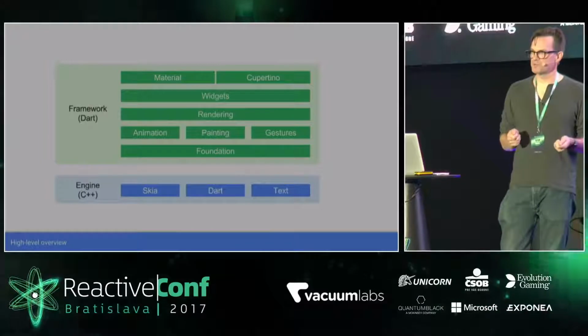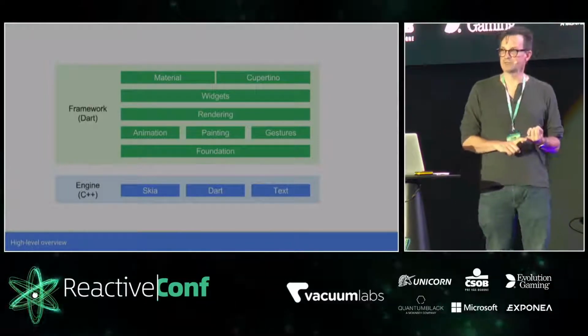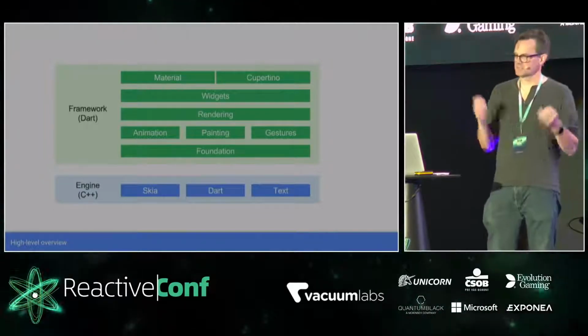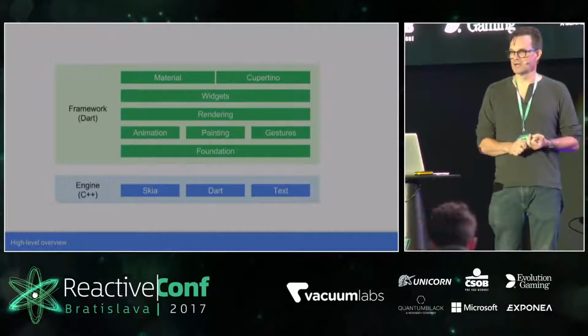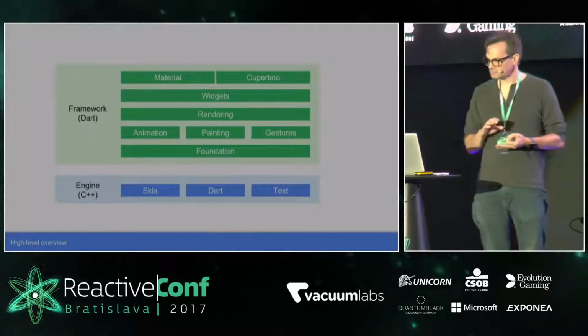Flutter starts with a very low-level primitive layer. It's the text rendering subsystem from Google Chrome. It's a very mature text rendering subsystem. It's multilingual, and it does nice fonts and all of that good stuff. It uses the Dart runtime, VM, and libraries.